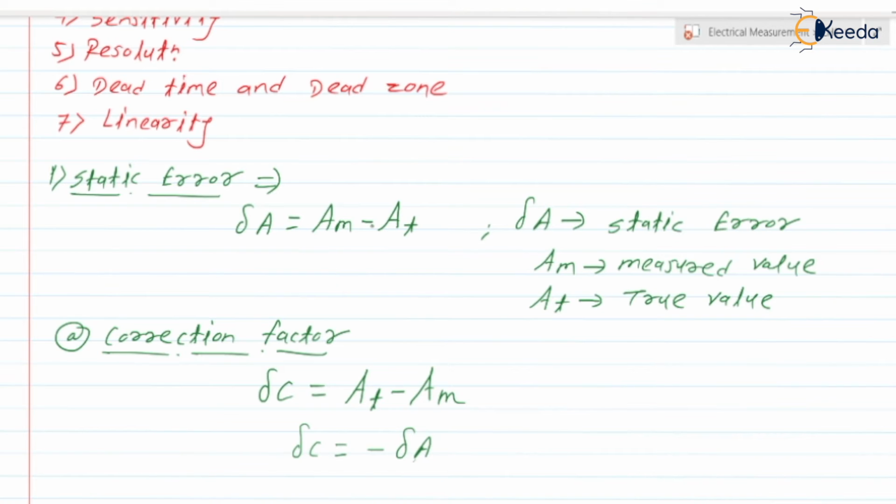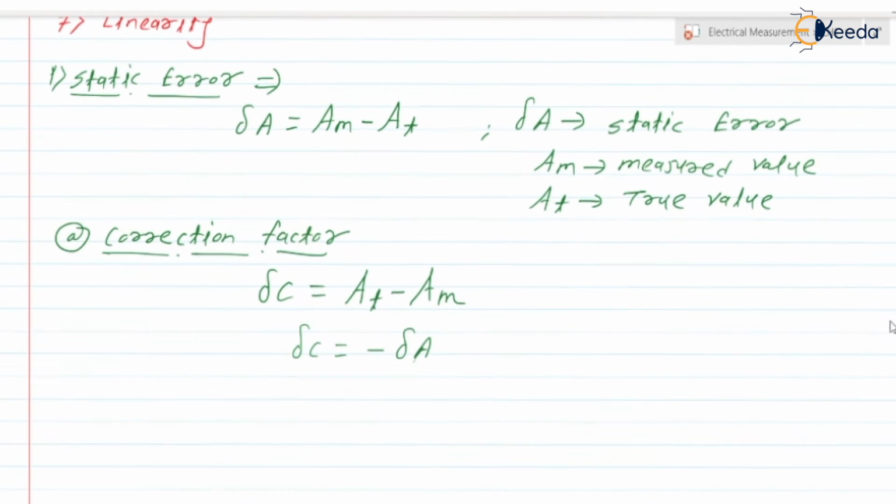If the error is negative, correction factor will be positive. Are you getting the point? This is the value which we add to or subtract from the measured value in order to get the true value. That is the correction factor.